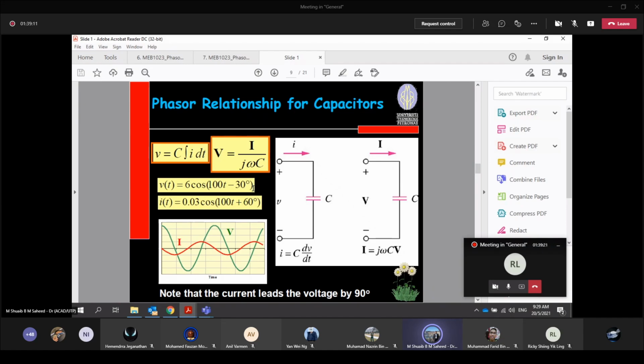So for a capacitor, this is logical, because what does the capacitor do? It stores charges. So the current has to go first, accumulate the charge, then the voltage will be induced.